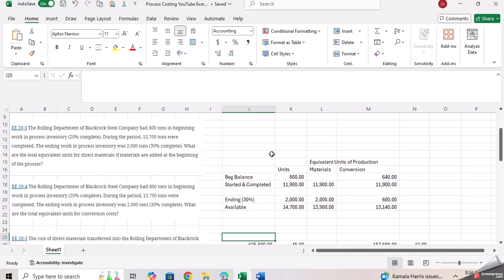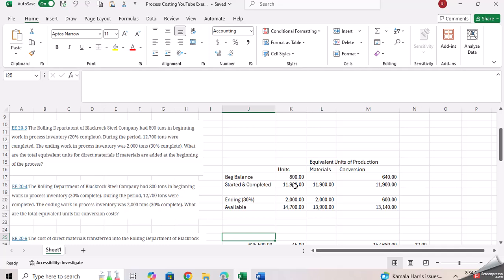Then these two deal with our equivalent units of production. So there's the equivalent units for the direct materials and then the equivalent units for the conversion costs. So again, we're still in that rolling department. They had 800 tons at the beginning of their inventory.